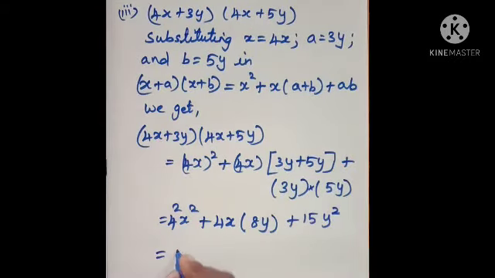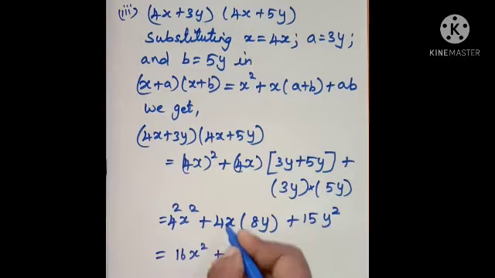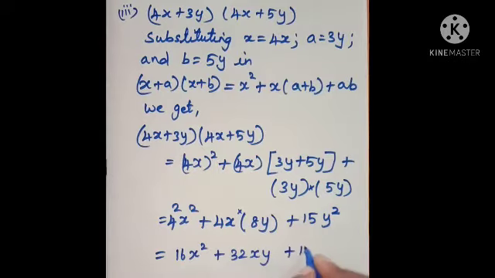And then in the next step we have 4², 4 is multiplied by itself 2 times. 4 into 4, 16x², plus 4 into 8, here there is a multiplication sign, 4 8s are 32xy plus 15y².